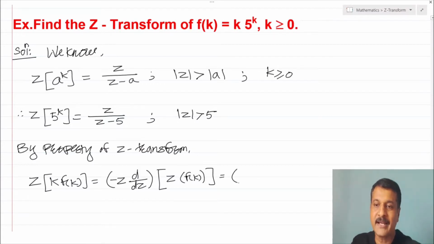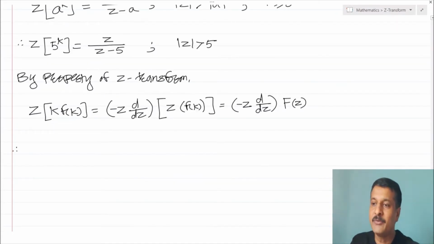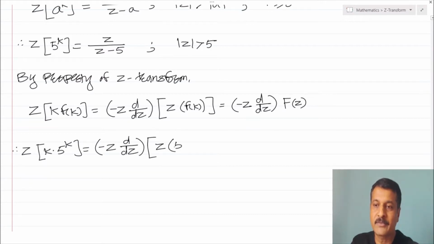If we consider the Z transform of f of k as F of Z, the same thing I can write as minus Z into d by dz of F of Z. Therefore, Z transform of k into 5 raised to k equals minus Z d by dz of the Z transform of 5 raised to k, and the Z transform of 5 raised to k we already have: it is nothing but Z upon Z minus 5.